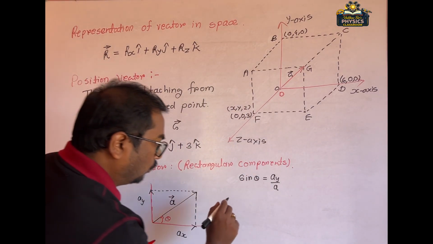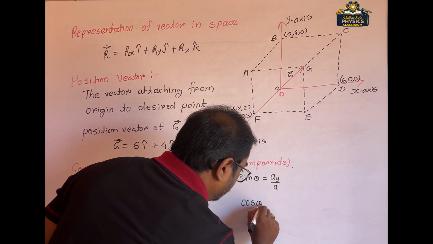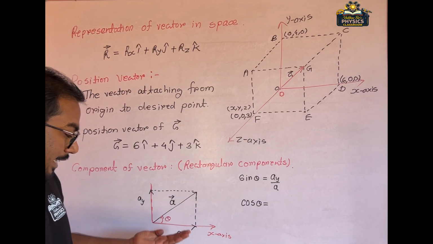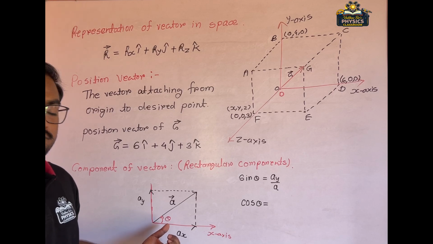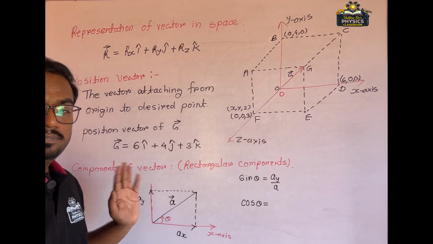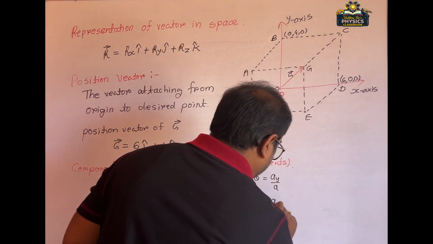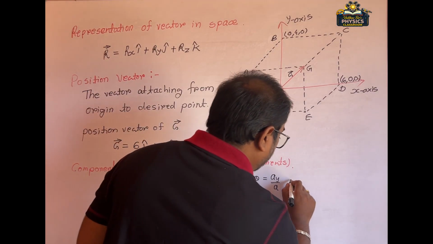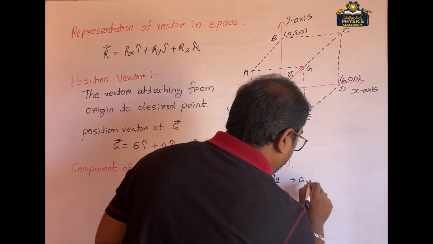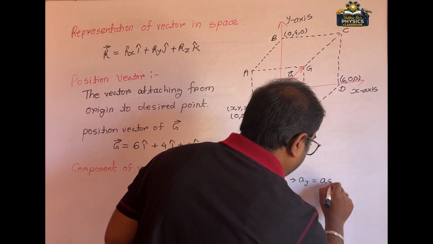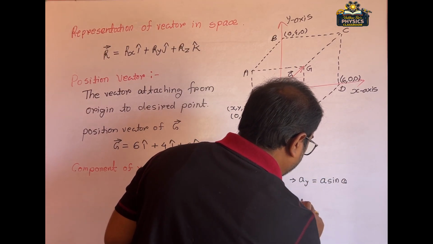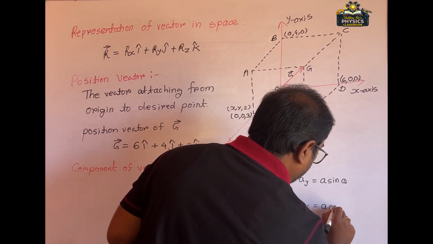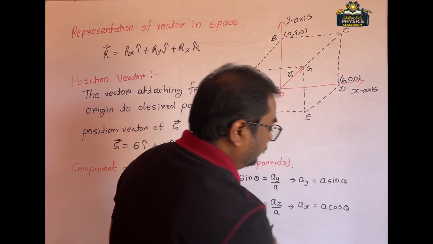And cos theta means adjacent side upon hypotenuse. What is the adjacent side of angle theta? ax divided by a. From here we will get the ay component will be a sin theta and the ax component will be a cos theta.